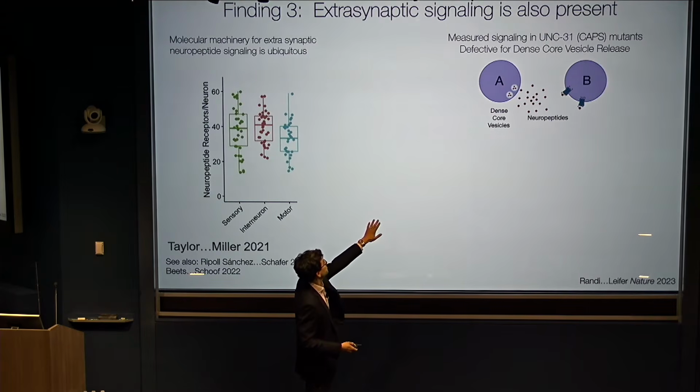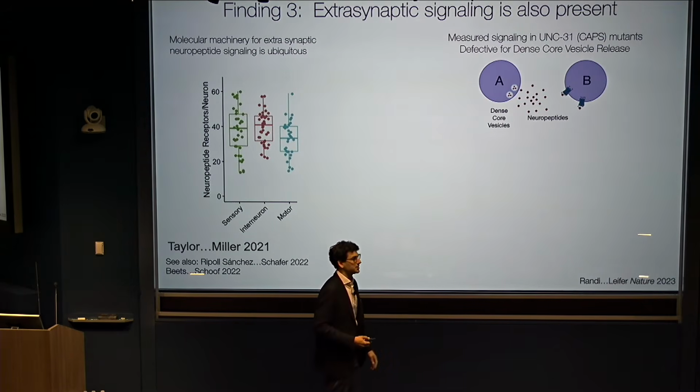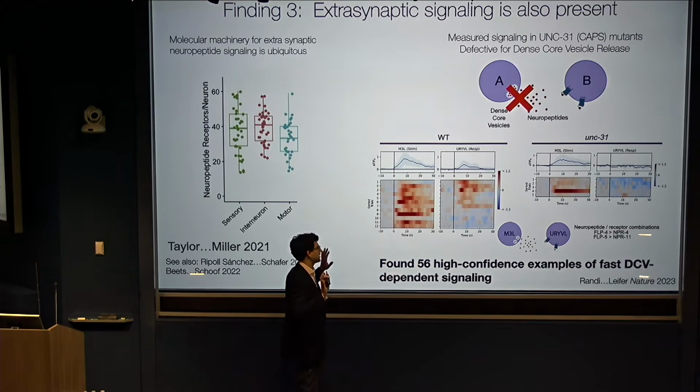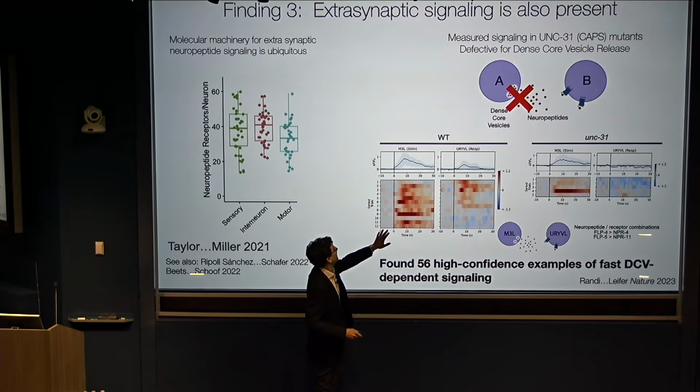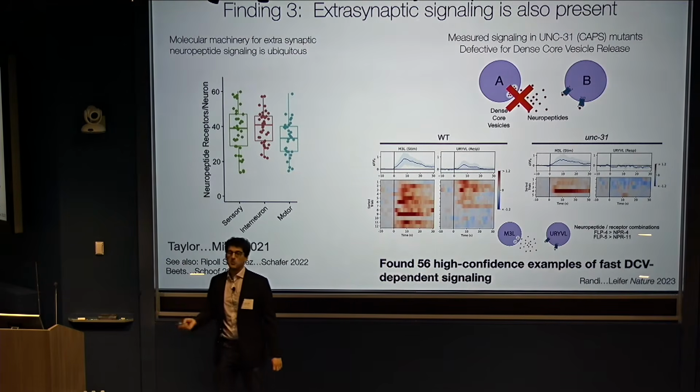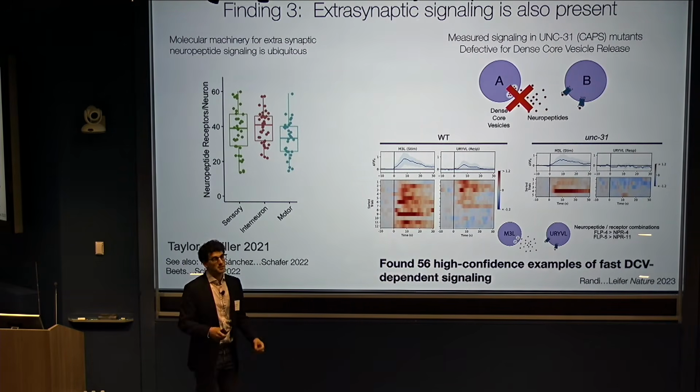And so what we did is we repeated our signal propagation measurements in mutants that are defective for dense core vesicle release. This, among other things, stops the release of neuropeptides. We set a very conservative bar, a high standard here, and found 56 instances where we see pairs of neurons that signal in the wild-type animal, but when you knock out dense core vesicles, the signaling goes away.